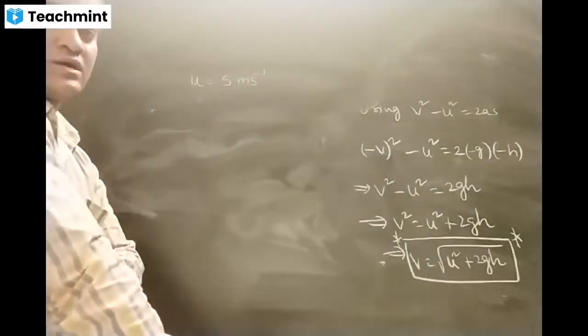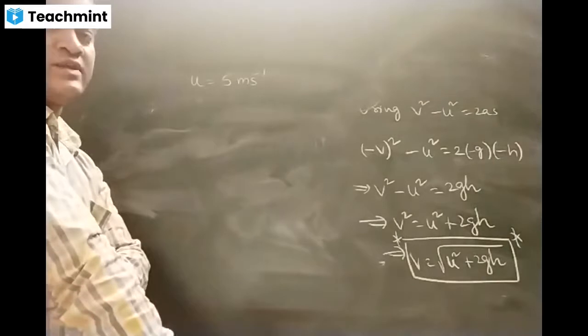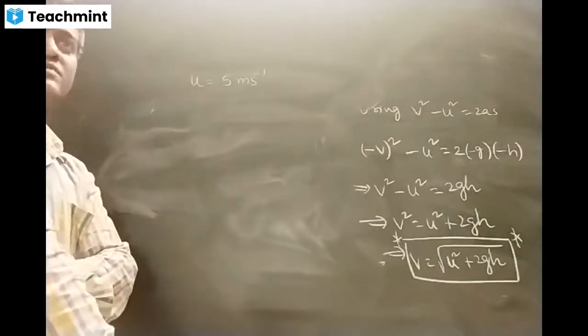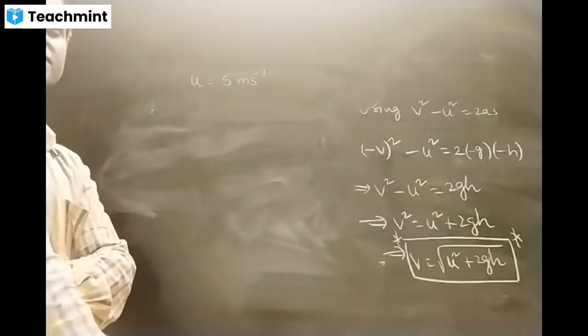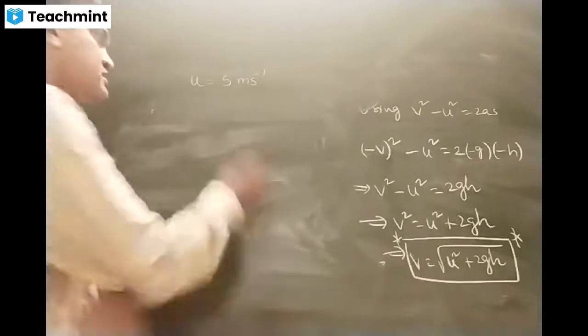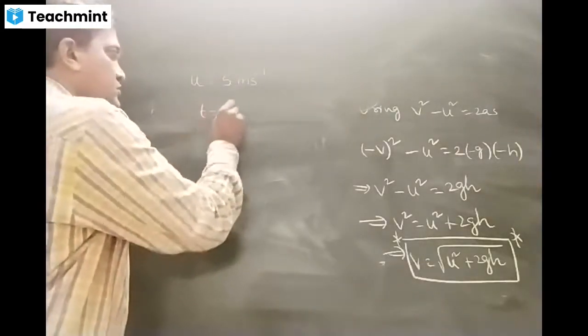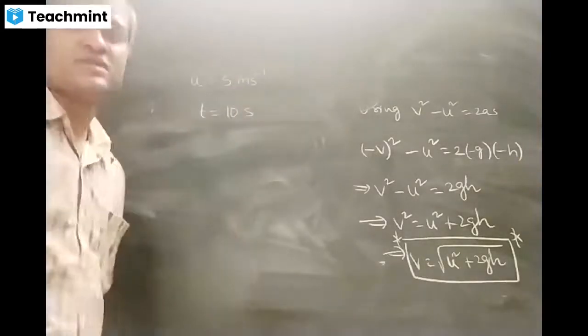Now I am asking height, but in what time does it reach the foot of the tower? 10 seconds. That means t is equal to 10 seconds. I'm asking the value of h.